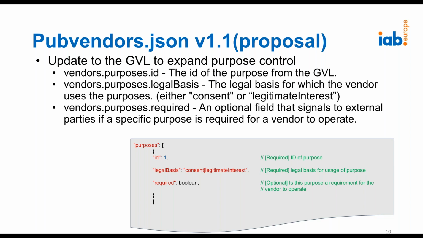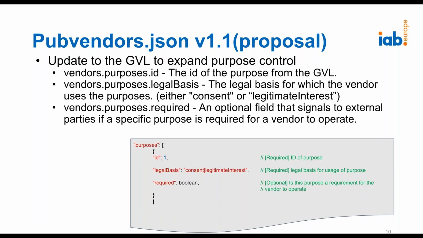Currently it's assumed that if a purpose is not listed as a consent purpose in the global vendor list, the vendor can use legitimate interest. This one specifies it clearly, so we can audit this, and everybody will know which legal basis the vendor is actually working on for each individual purpose.